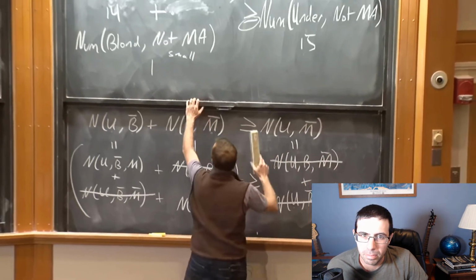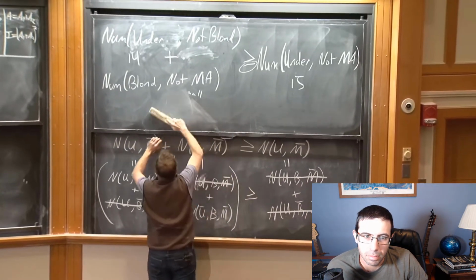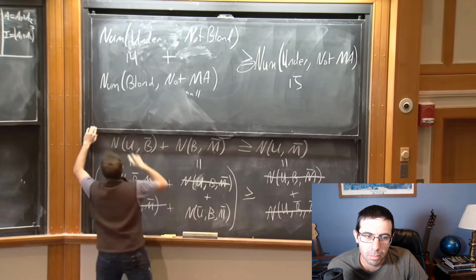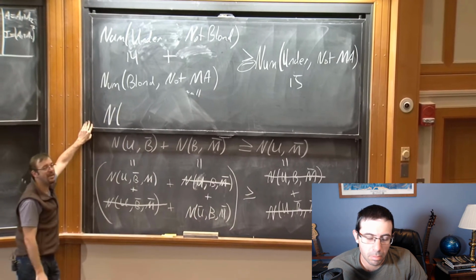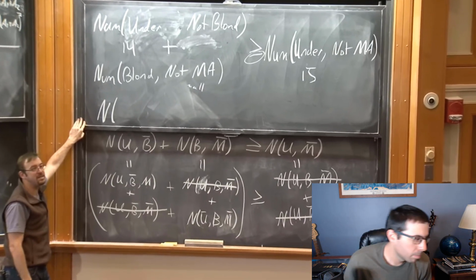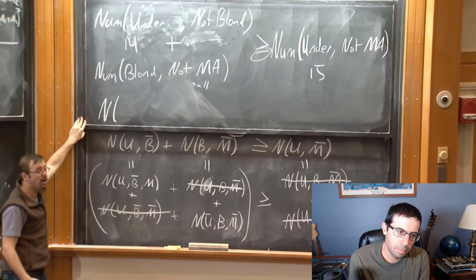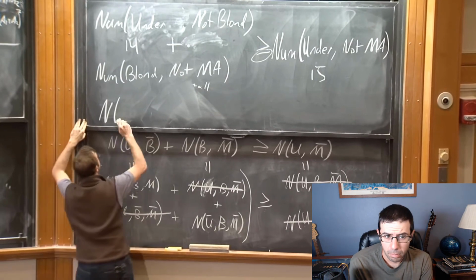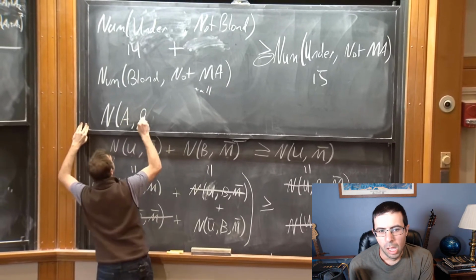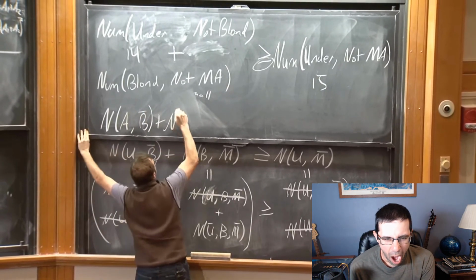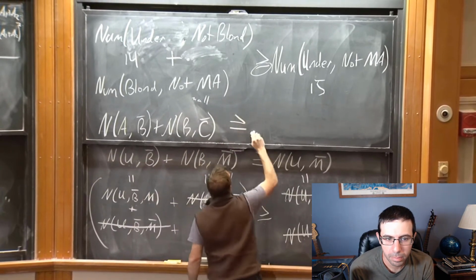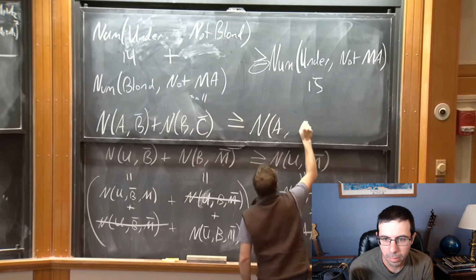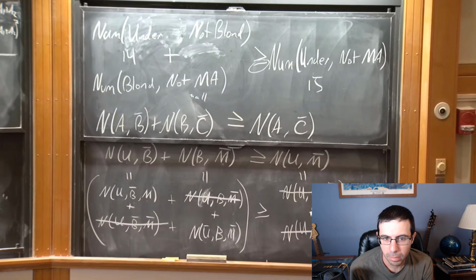And here's the more general statement. The number of elements of any set where each element in that set has binary properties A, B, and C, A or not A, B or not B, C or not C, satisfies the following inequality: the number who are A but not B, plus the number who are B but not C, is greater than or equal to the number who are A but not C. And this is exactly the same argument.